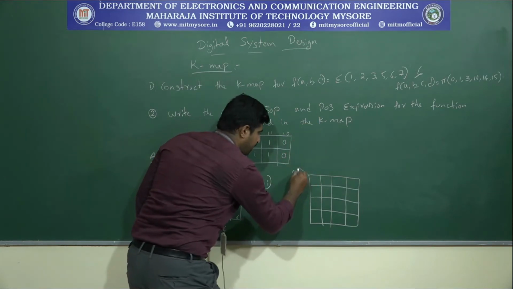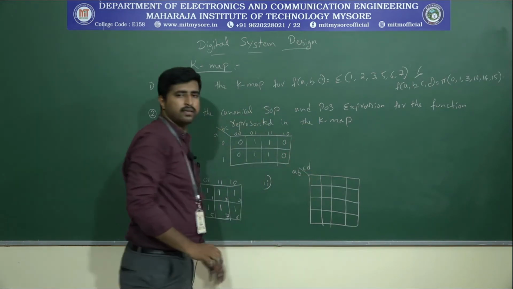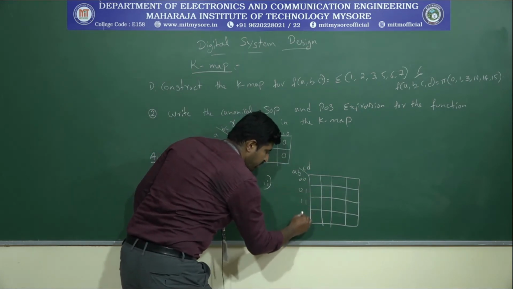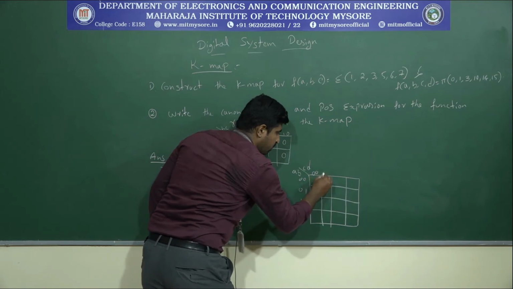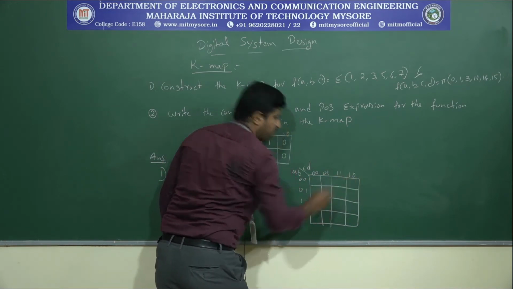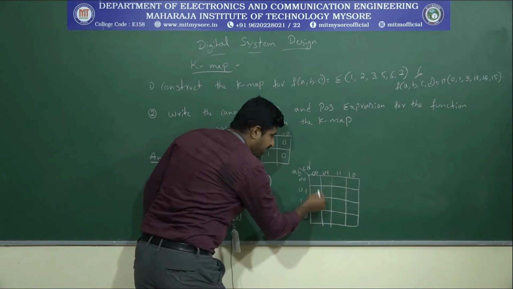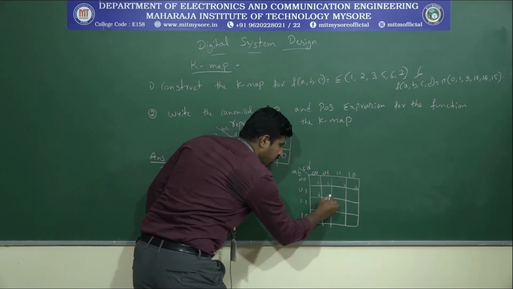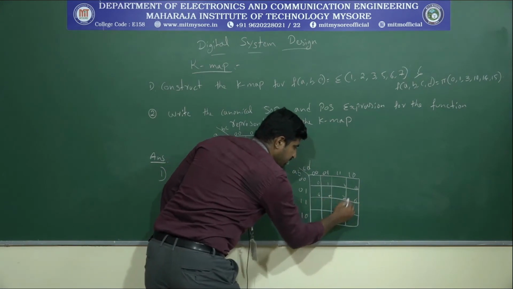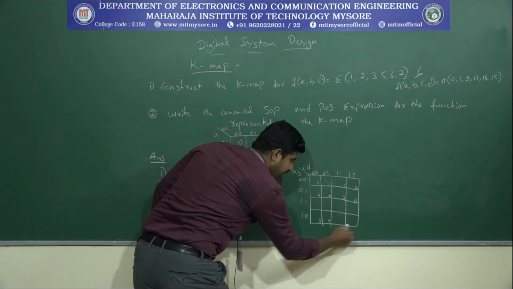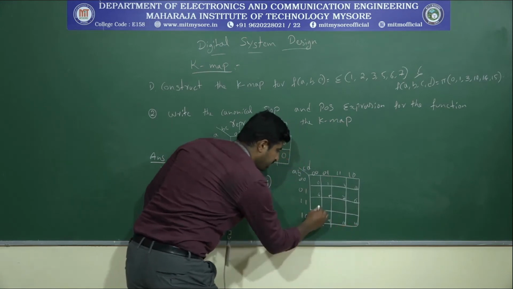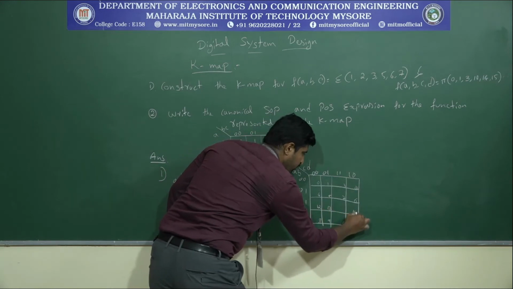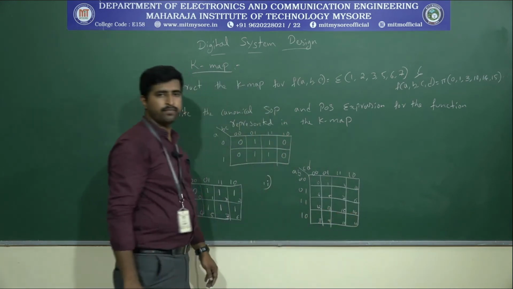So this is A, B, C, D. Let's write the values 0 0, 0 1, 1 1, 1 0, and 0 0, 0 1, 1 1, 1 0. The cell values are 0, 1, 2, 3, then 4, 5, 6, 7, 8, 9, 10, 11 and then 12, 13, 14 and 15.